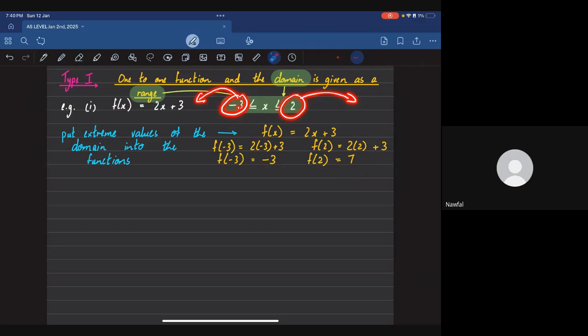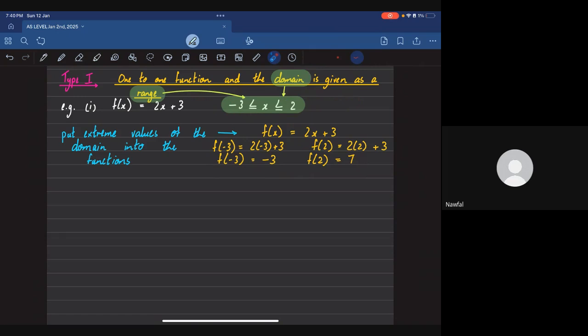So whatever value you get for the minimum value of the domain is going to be the least value of your range, or one edge of your range. And whatever value you get for the maximum value of the domain is going to be the maximum value of your range. So your range is going to exist as a range as well.